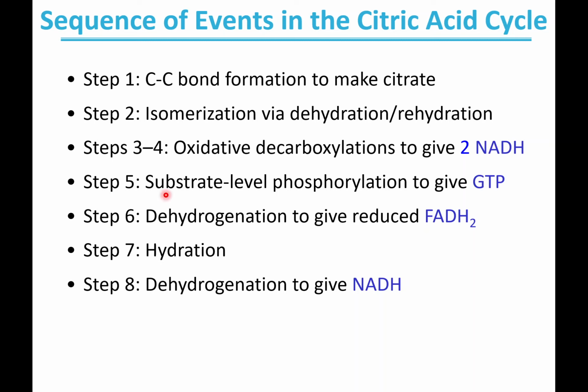Step 5 is where we phosphorylate a substrate to give GTP, which is, again, energy. Step 6, we do a dehydrogenation to get a reduced FADH2, an electron carrier. Step 7 is a hydration. And then step 8 is another dehydrogenation to give NADH.